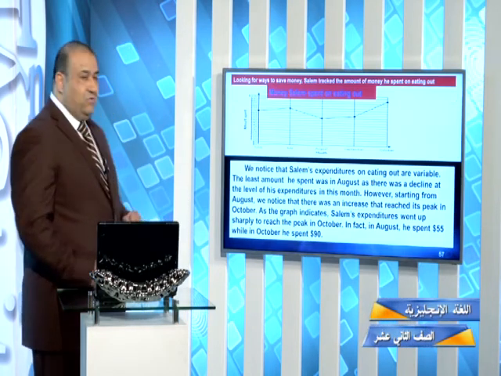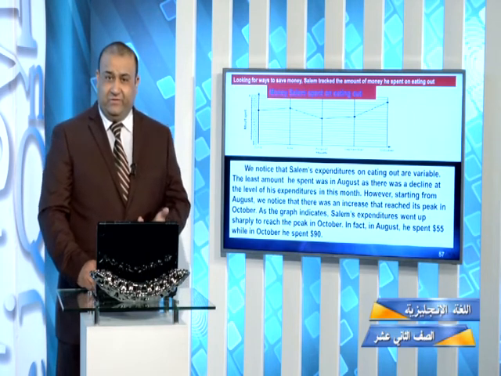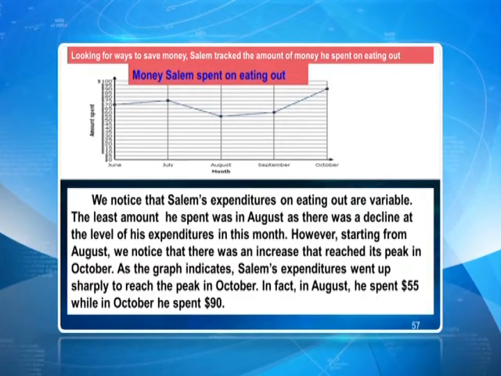Then I'll move now to the body, and you will notice the kind of language which is completely different. Now we are going to analyze. We notice that Salim's expenditures on eating out are variable. Why? Because he sometimes spent $70, some other times he spent $75, $80, $90. So that's why they are variable.